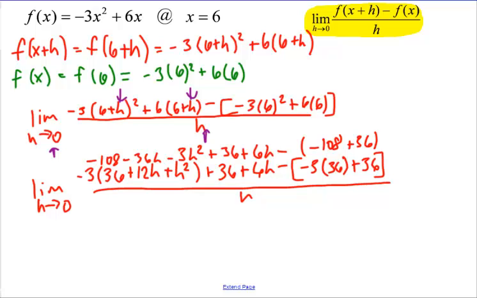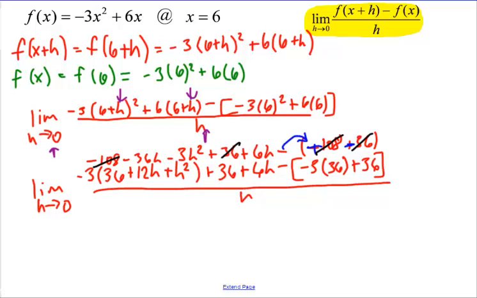And then simplify together, reduce down to things that won't work. And notice, by the way, if I send this minus sign through, I have plus 108 minus 36. Okay? Well, here's a minus 108. That takes care of the plus 108. Here's a plus 36. That takes care of minus 36.